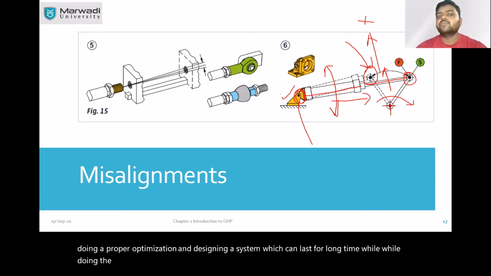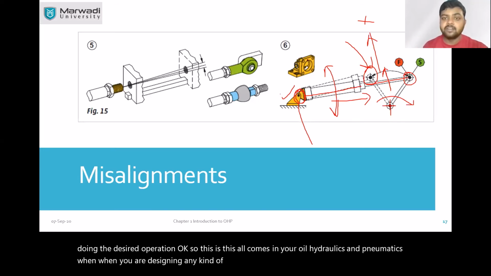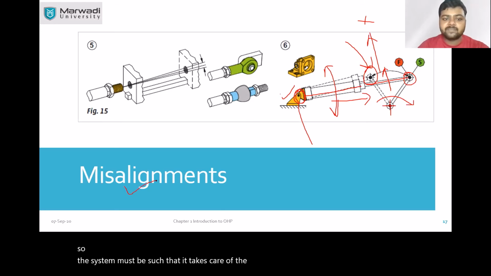So this all comes in your oil hydraulics and pneumatics when you are designing any kind of pneumatic or hydraulic system. The system must be such that it takes care of the misalignment. Misalignment is very dangerous for any kind of pneumatic cylinder installation.